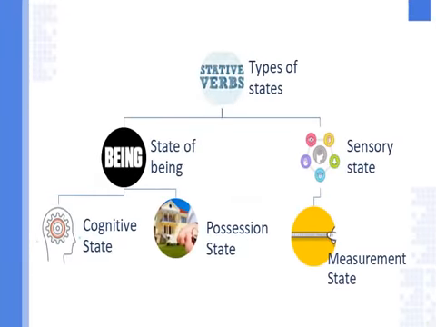They can indicate a state of being, a sensory state. This one has to do with the senses. Cognitive state, that is giving the idea of making a mental process. Possessive state, and measurement state.